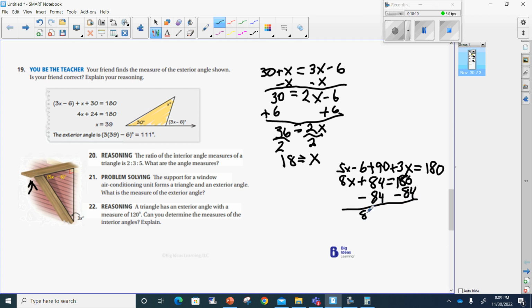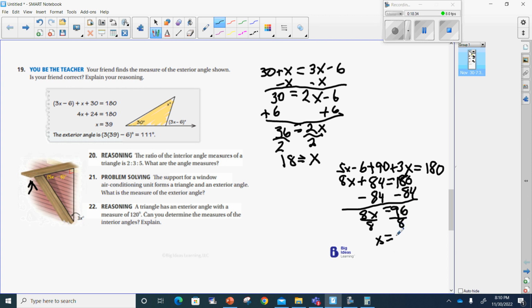This is going to give me 8x equals 96. Next, I'm going to have to divide 8x and 96 by 8. I'm pretty sure that's going to give me 12.